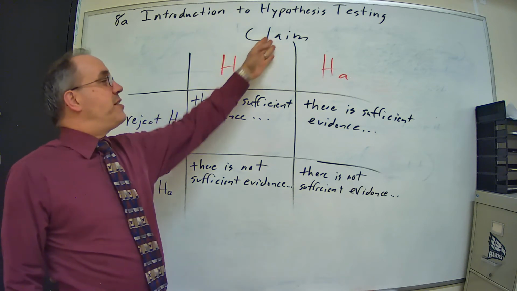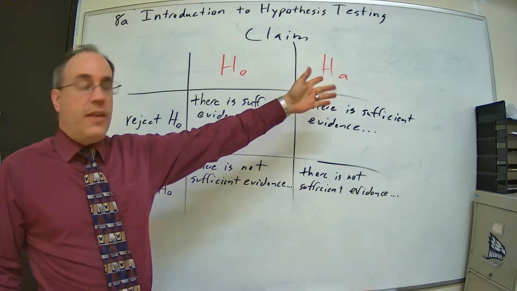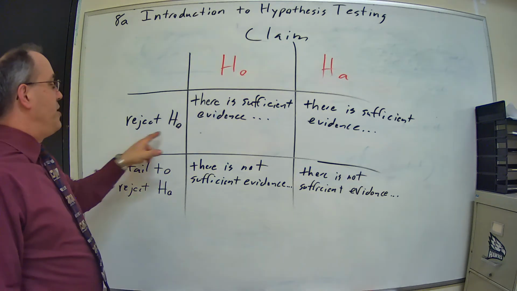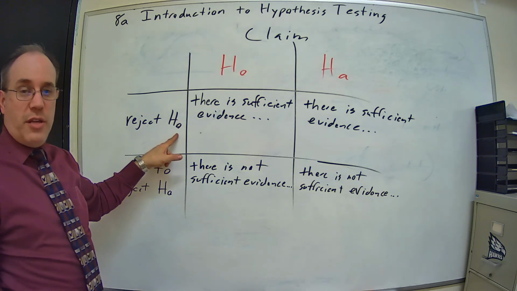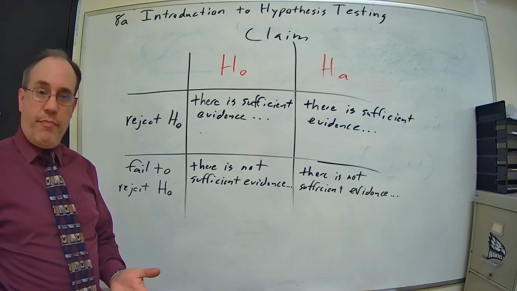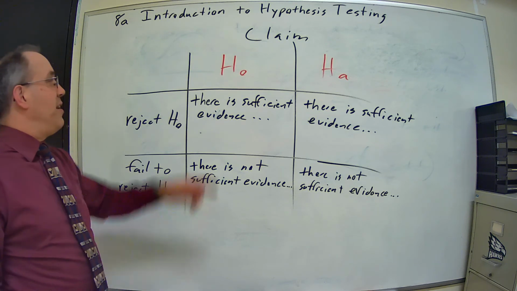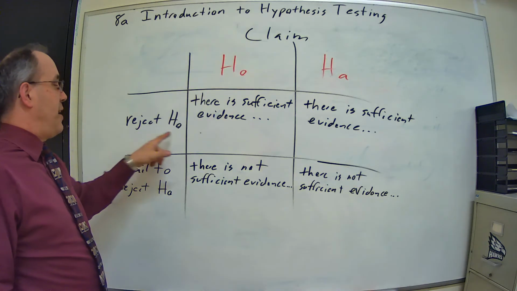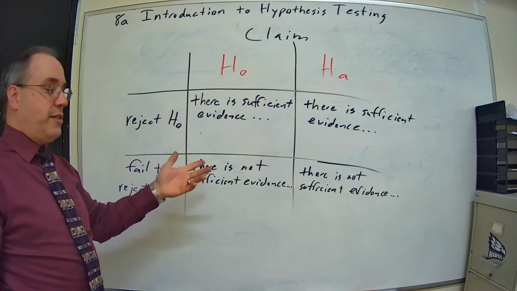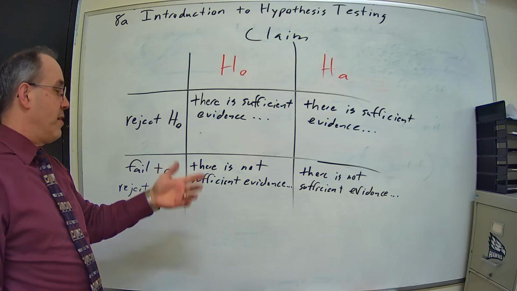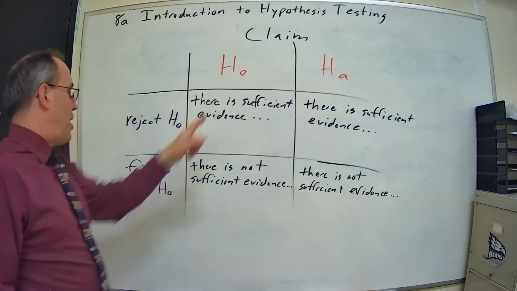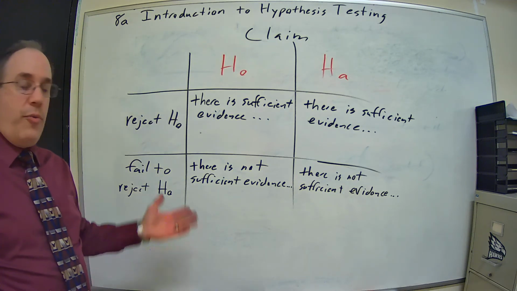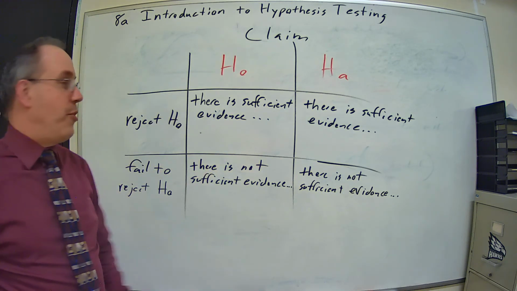The other part of this is, what was the claim? If the claim was the null hypothesis, and we rejected the null hypothesis, didn't we just reject the claim? If the claim was the null hypothesis and we failed to reject the null hypothesis, we didn't have enough evidence to reject the claim, right?